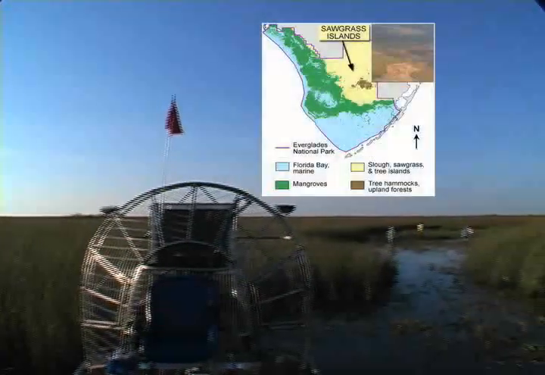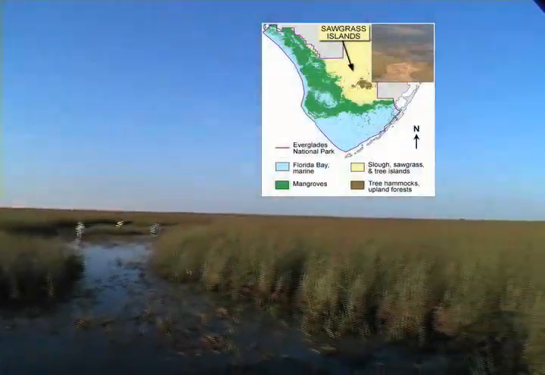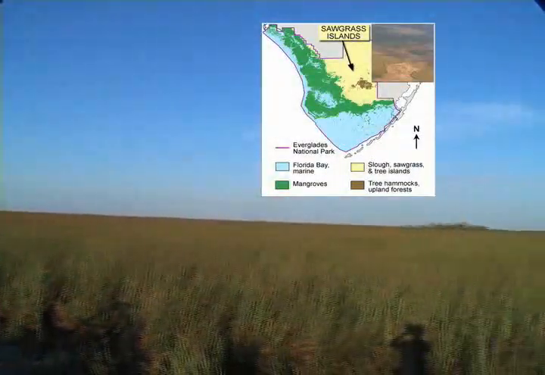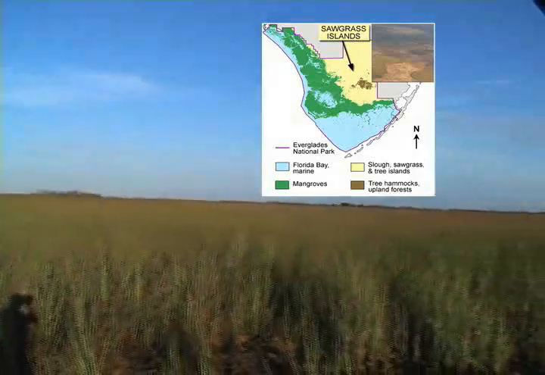It's important that we have long-term data sets for above ground net primary production of sawgrass. First of all, because sawgrass is the dominant macrophyte, the charismatic plant of the Everglades, and also because of the changes that people have made in the Everglades in terms of building canals and draining the system.